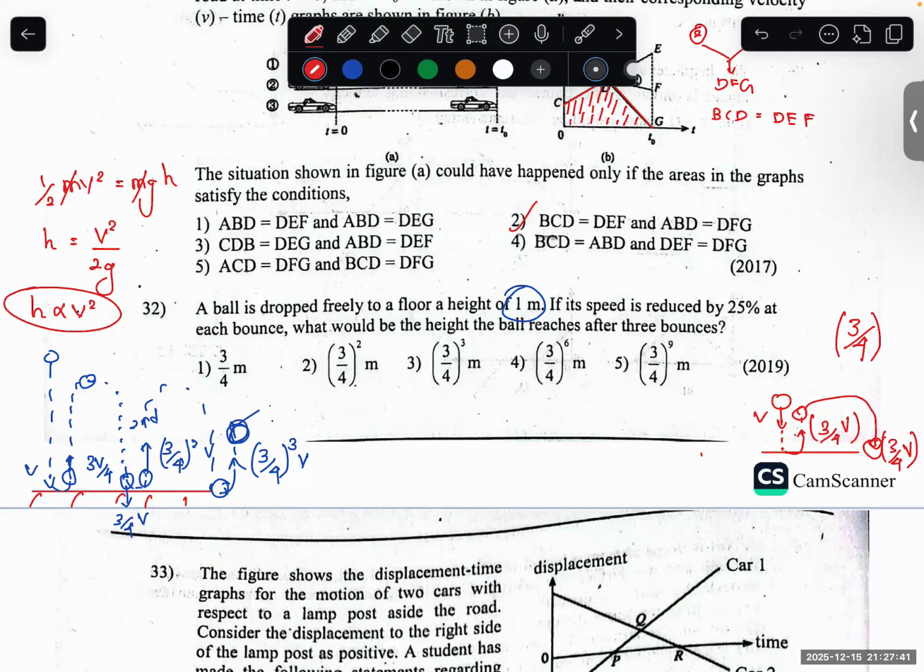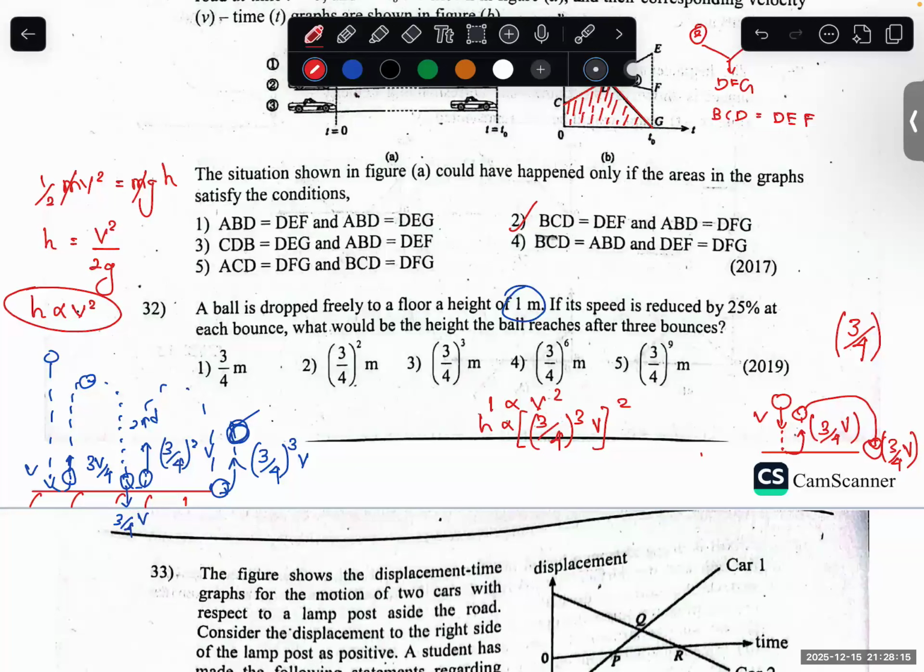Okay, you have to write this in your explanation note. Then only you can train yourself for the future. So now the initial 1 meter is directly proportional to the initial hitting velocity, which we took as v, squared. Final height is directly proportional to what is the velocity now? (3 by 4) cubed v, all together squared.